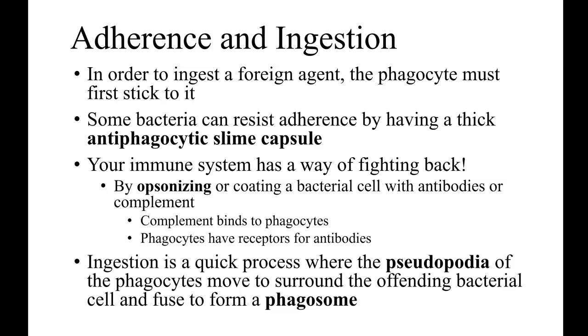So it's got to stick to it. Here's the thing, these bacteria can be kind of sneaky. They can have thick slime capsules that stop the phagocytes from binding. If the phagocyte tries to attach, it slides off, like the pathogen is too slimy to stick to.